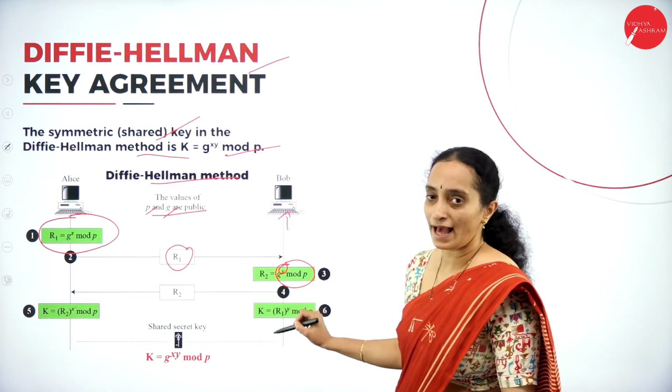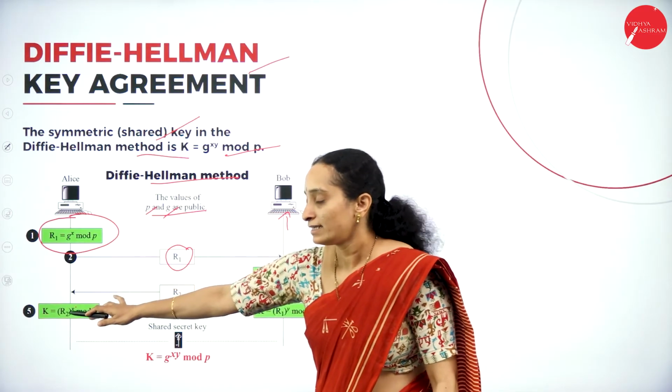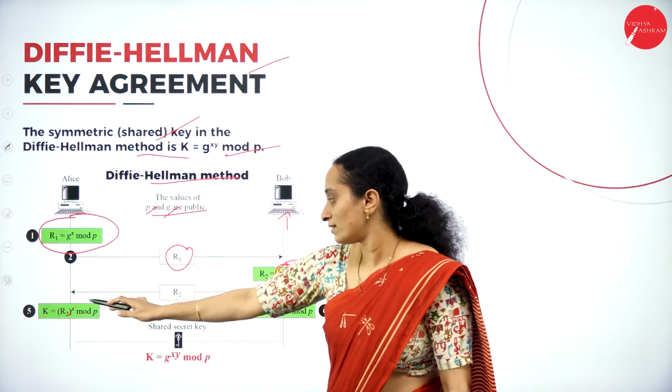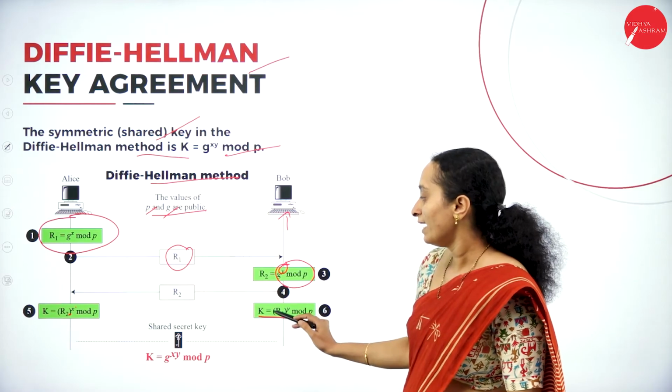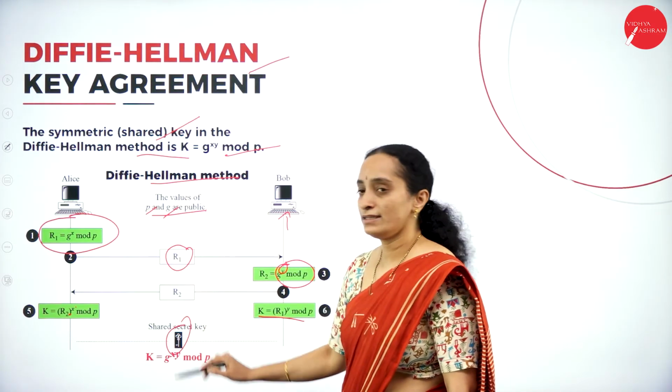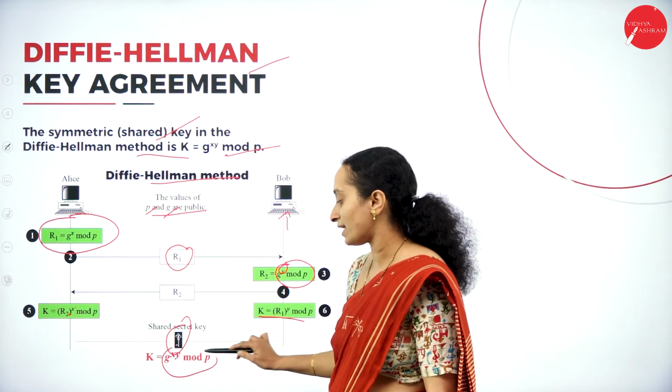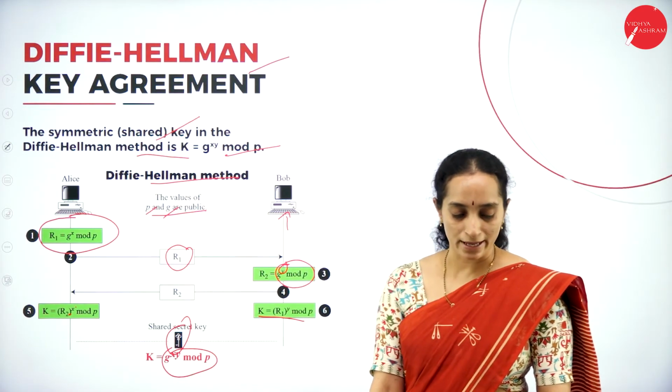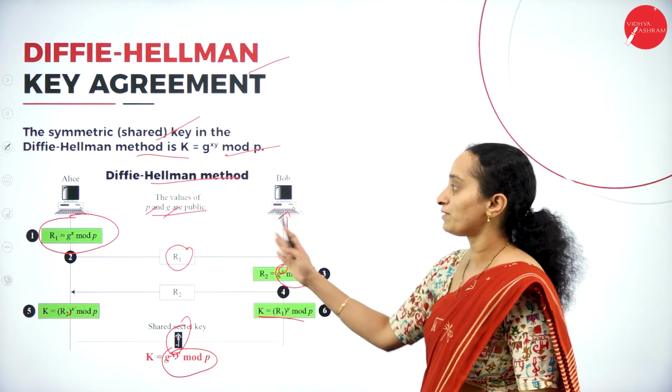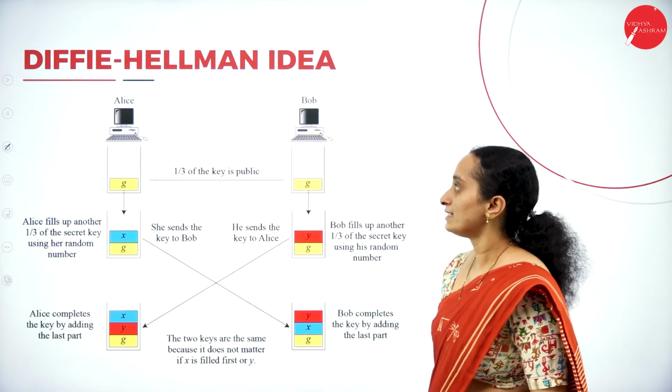Using each other's nonces, they share the secret key g to the power of xy mod p between the sender and the receiver.